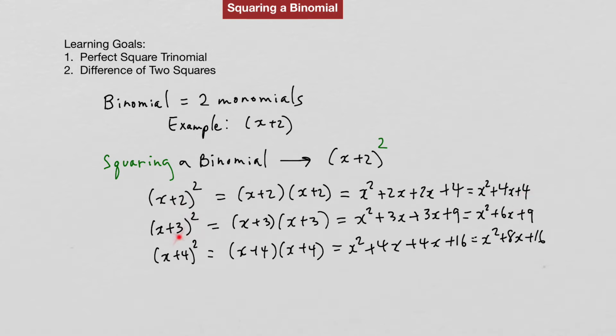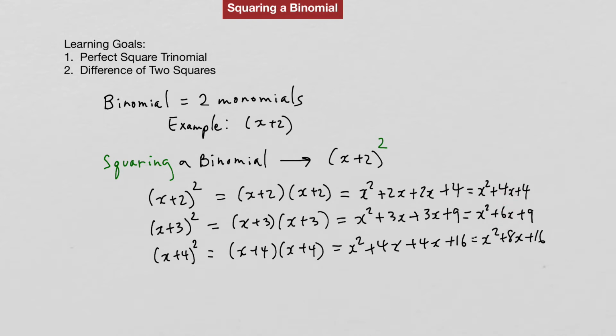Look at this next one. This number 3 squared is 9. This number 4 squared is 16. So we've got the first and third terms figured out. The first term is always x squared. The last term is the second term squared.